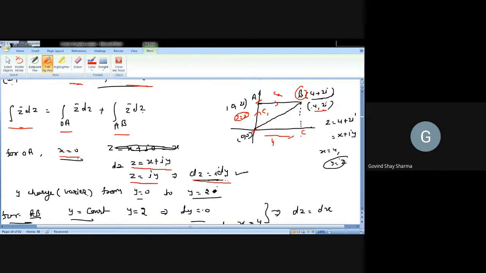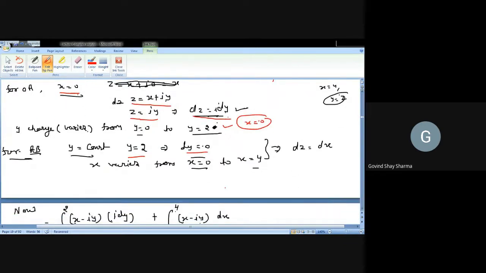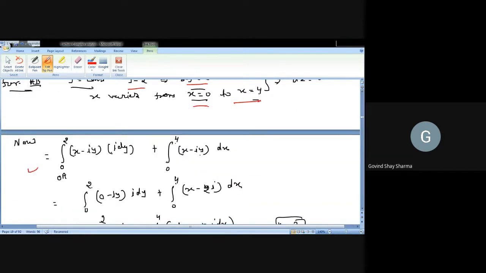Y changes from 0 to 2 and x is equal to 0. This is the OA part. Now we talk about the AB part.